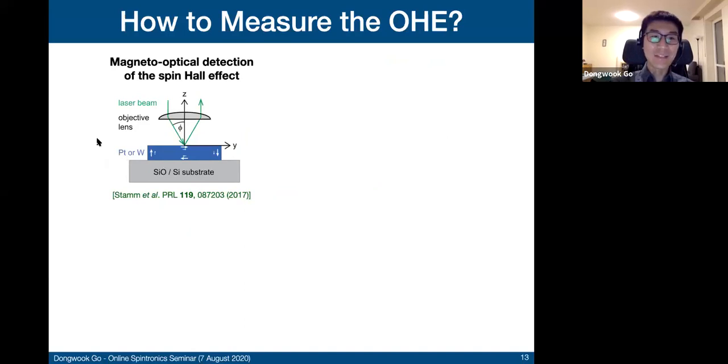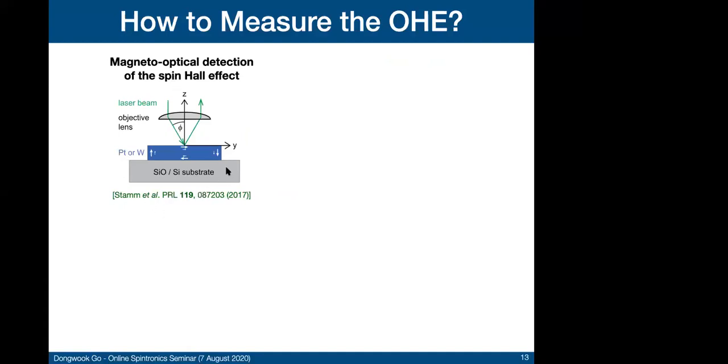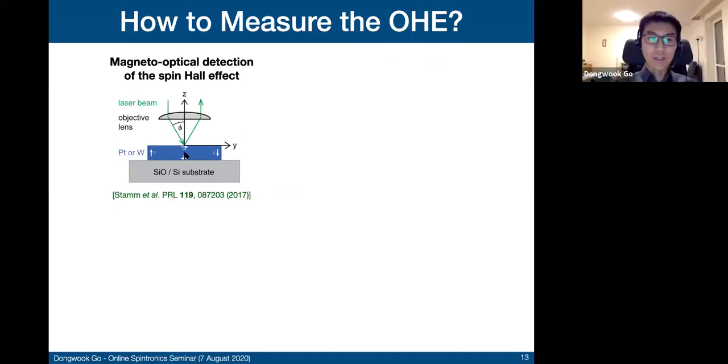Yeah, this can be done by a longitudinal magneto-optic setup, which was already done by Pietro Gambardella's group three years back. In this sample, they inject the current in the plane in the X direction, and then spin will be injected on the top and bottom surfaces. Here, top spin is accumulated, and also in the bottom, spin is accumulated.